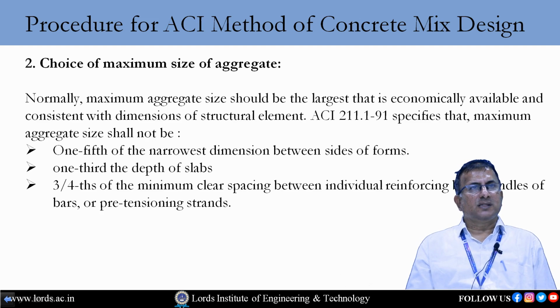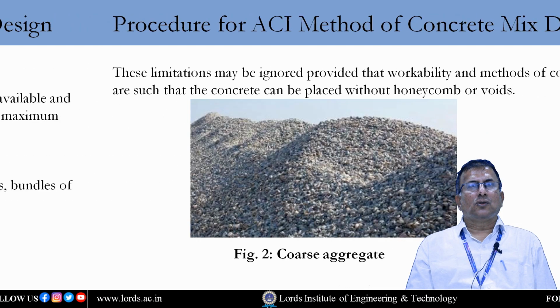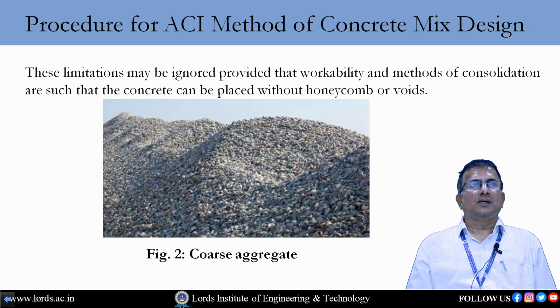Second, one-third the depth of the slabs. Third, three-fourths of the minimum clear spacing between individual reinforcing bars or bundles of bars or pre-tensioning strands. Now this is the coarse aggregate we are observing in the figure, stacked.